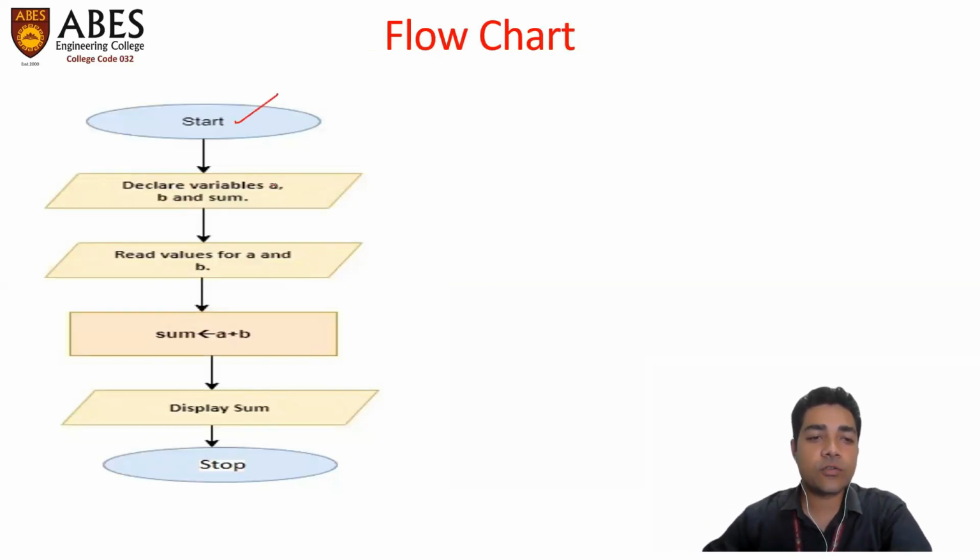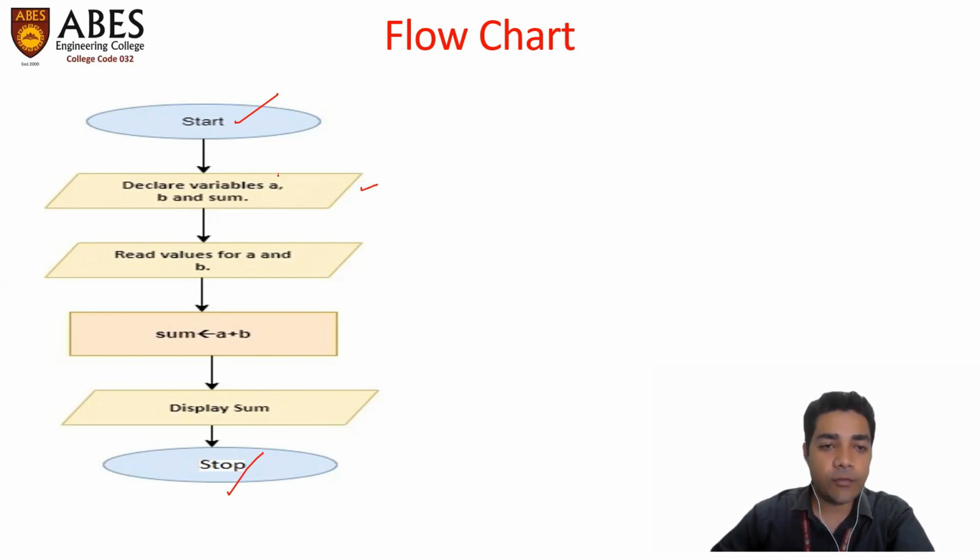In this flow chart also, we have a start and stop, but we are using a chart to show what steps we can follow. In this parallelogram type of box, we declare the variables A, B, and sum, and then we read values in A and B. In A we have read 10, in B we read 20, and then we add them to get the sum, let's say 30, and then we display the sum.